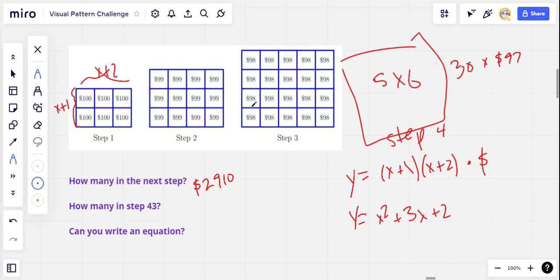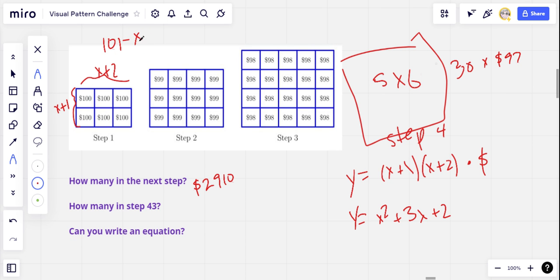Now what about the dollar value? Well, it looks like it starts in step 1 at 100 and it goes down by $1 every step. So to get 100 in step number 1, I'm going to need to subtract because I'm going down. I would say this is 101 minus the step number.